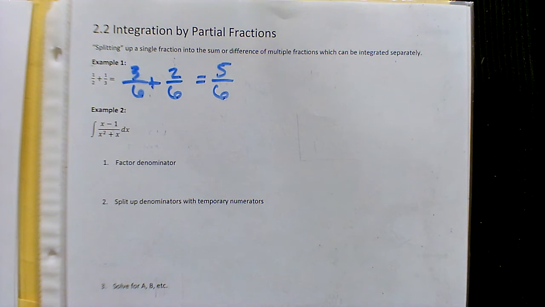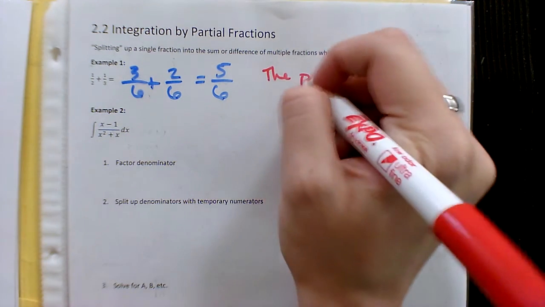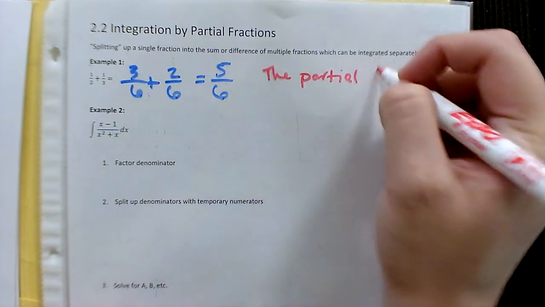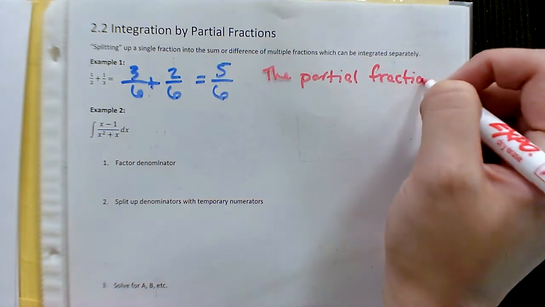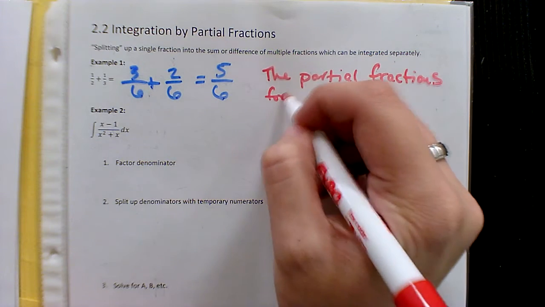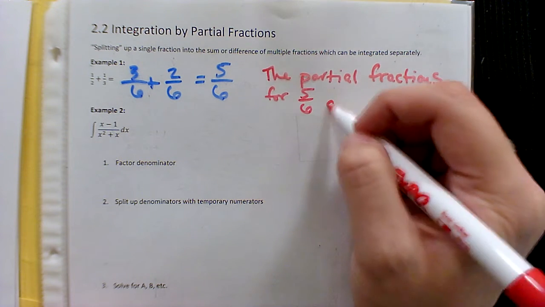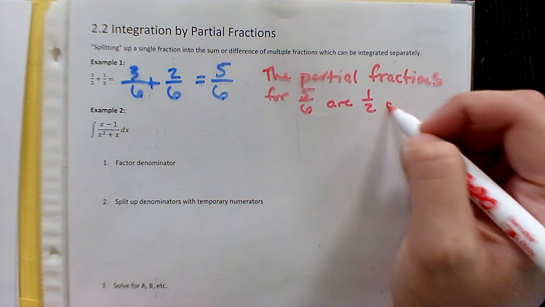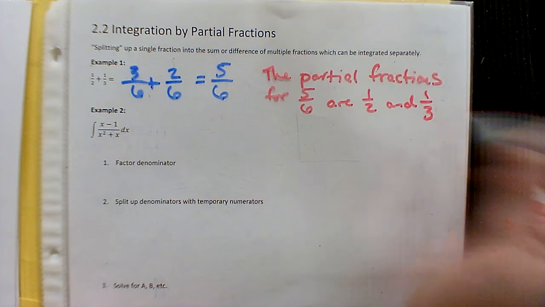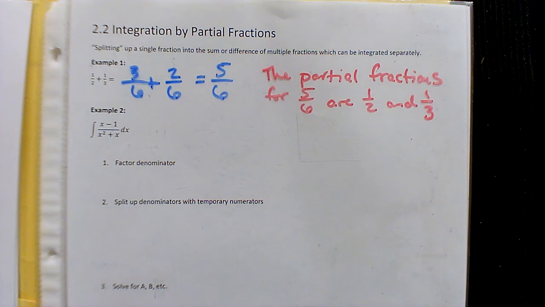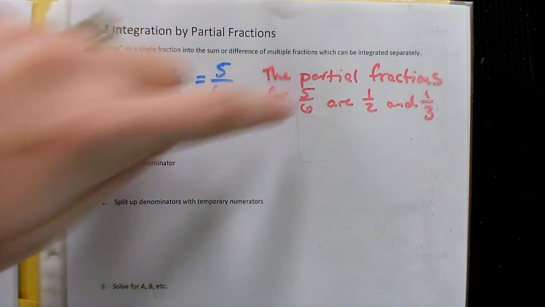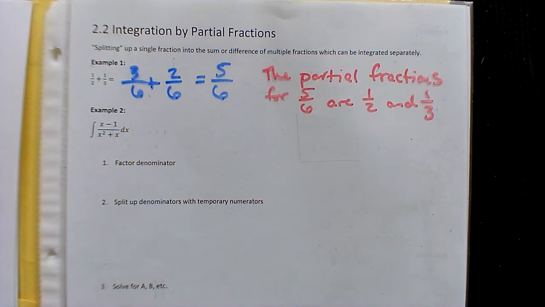In terms of vocabulary, we would say the partial fractions for 5/6 are 1/2 and 1/3. You can break up 5/6 into the addition of 1/2 and 1/3.